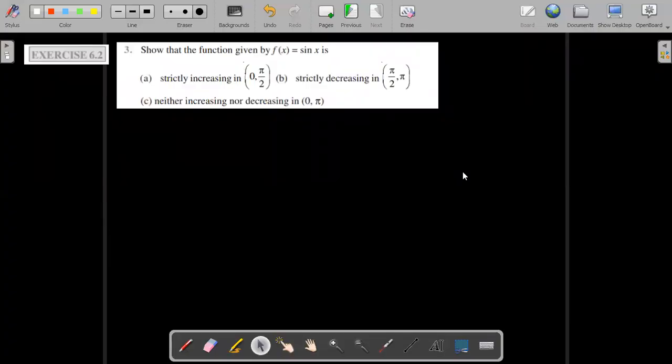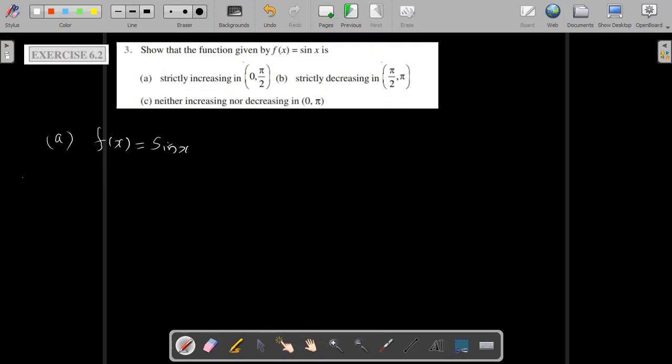We have to show that the given function f(x) is equal to sin x is strictly increasing in 0 to pi by 2 first. So A part is strictly increasing. So we have the function f(x) is equal to sin x.